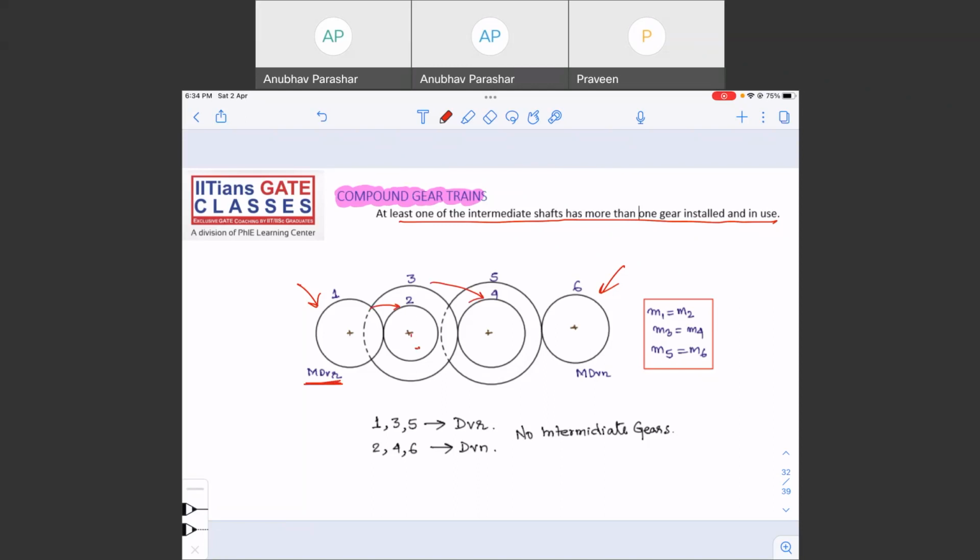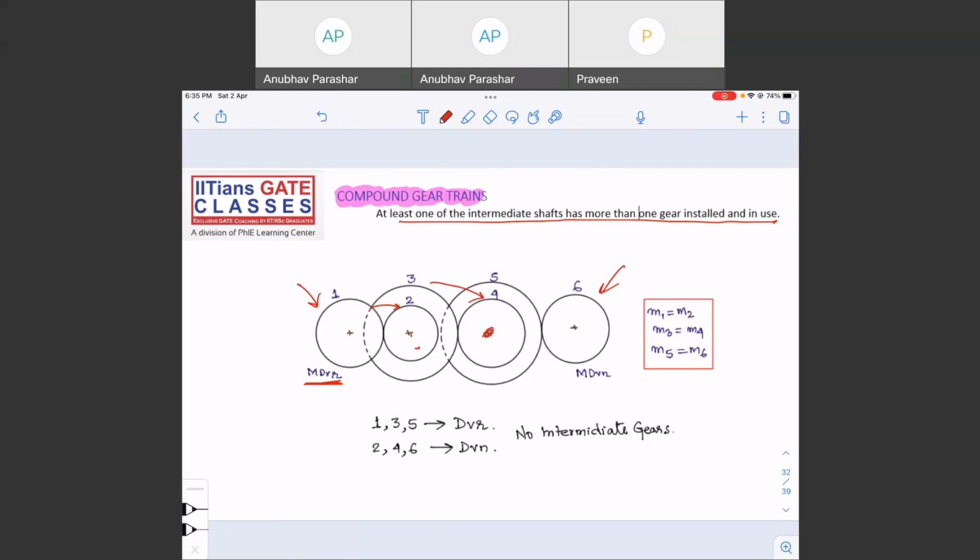If the shaft rotates, 3 will also rotate. 1 is driving 2, so 2 will rotate. If 2 rotates, the shaft on which 2 is attached will also rotate. In that shaft there is also one more gear, that is 3. So 3 will also have to rotate. So if 3 rotates, 3 will drive gear 4.